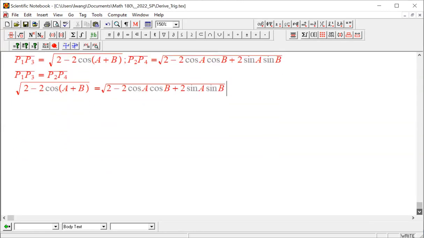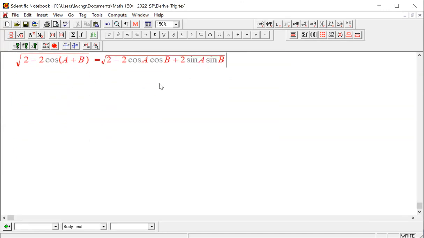With that done, how about we square both sides, right? If we square both sides, we will get the inside of the square root equal to the other one inside of the square root. There we go. And there's a 2 on the left, and on the right there's a 2 too. So we subtract 2 on both sides.